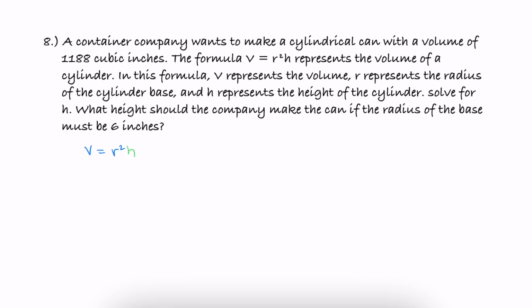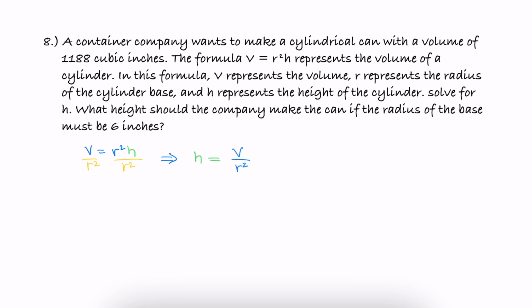Okay, so there's really only one thing we need to do here, and that's to divide by pi r squared, right? So our final answer, just off the get-go, we know is h is equal to V over pi r squared.